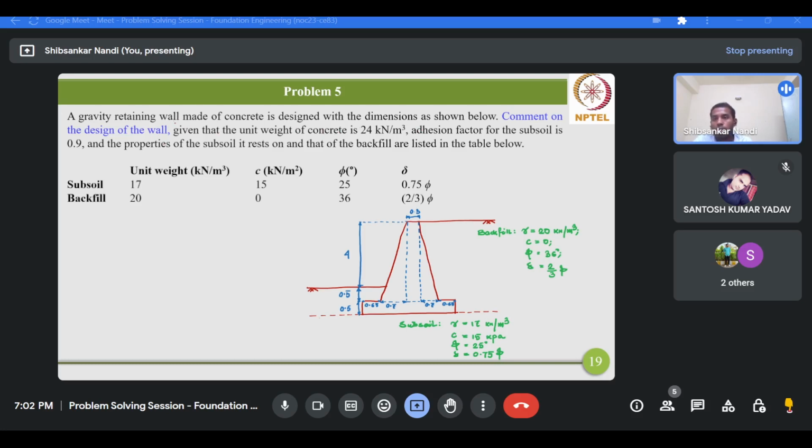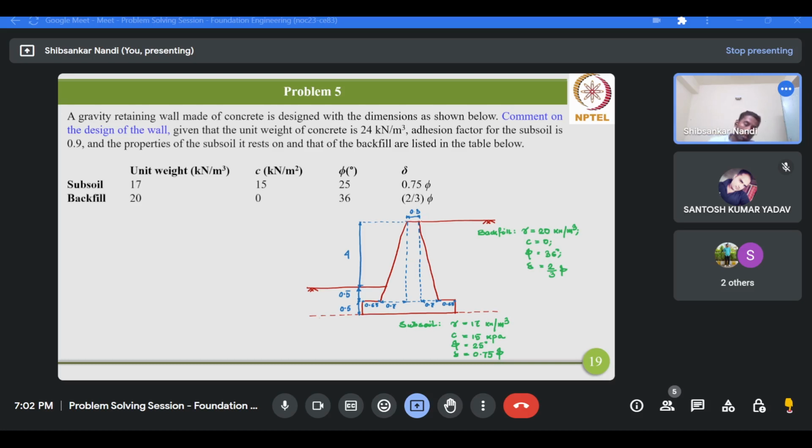We have to comment on the design of the wall. Given that the unit weight of concrete is 24 kilonewton per meter cube, the adhesion factor for the subsoil is 0.9, and the properties of the subsoil it rests on and that of the backfill are listed in the table below. This is a gravity retaining wall, and the dimensions shown here are the result of the design process.